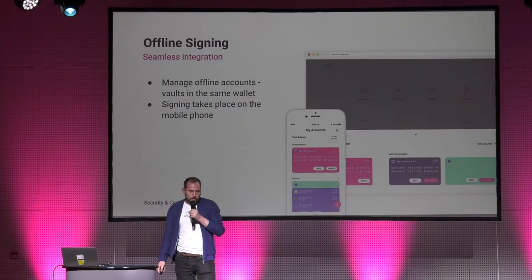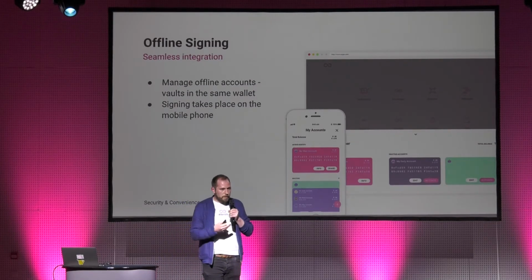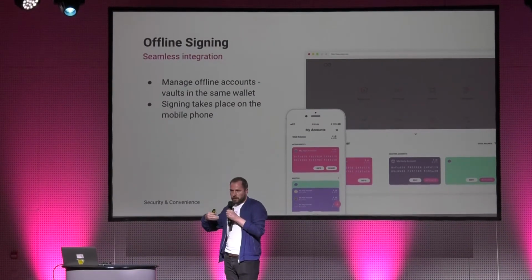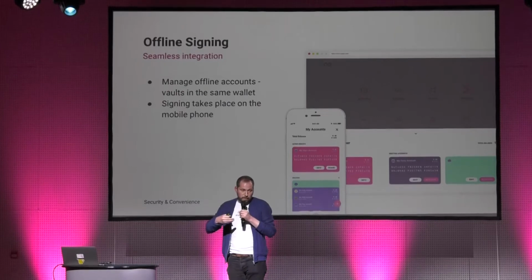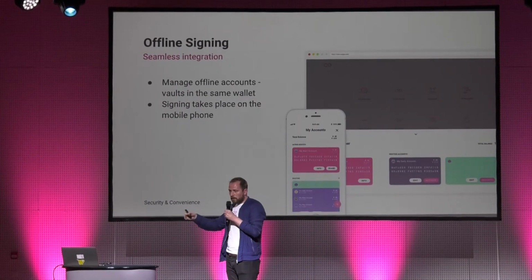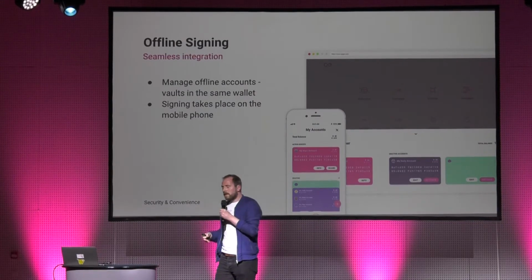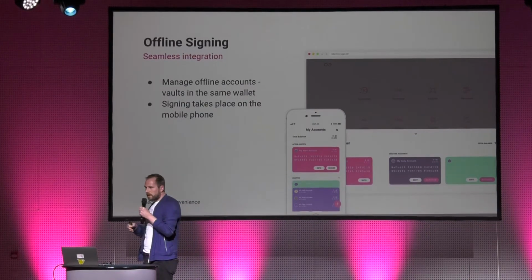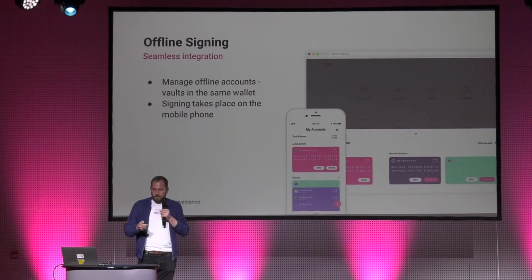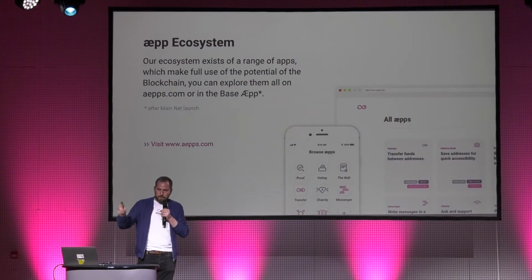We have an offline signing solution from the beginning that seamlessly integrates with the place where you also handle the accounts that you use on a daily basis. So from day one, you will be able to also secure big amounts of funds in a different device that is not accessible from the internet at all and provides an extra level of security. We call them vaults.